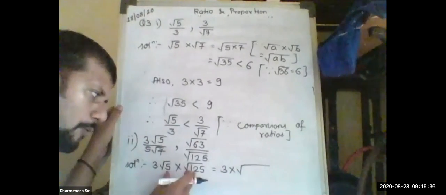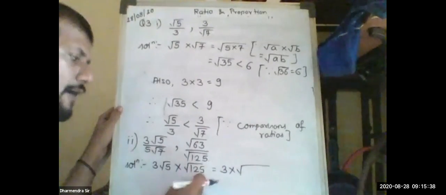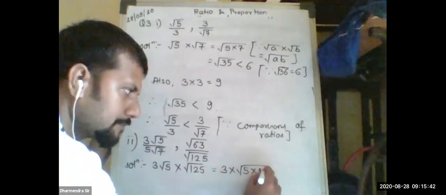This is without root. Only roots will get multiplied. You have to make sure what is in terms of root and what is not. Which is not in terms of root, keep it aside. And in the form of root, we are having 5 and 125. So keep them together under root.